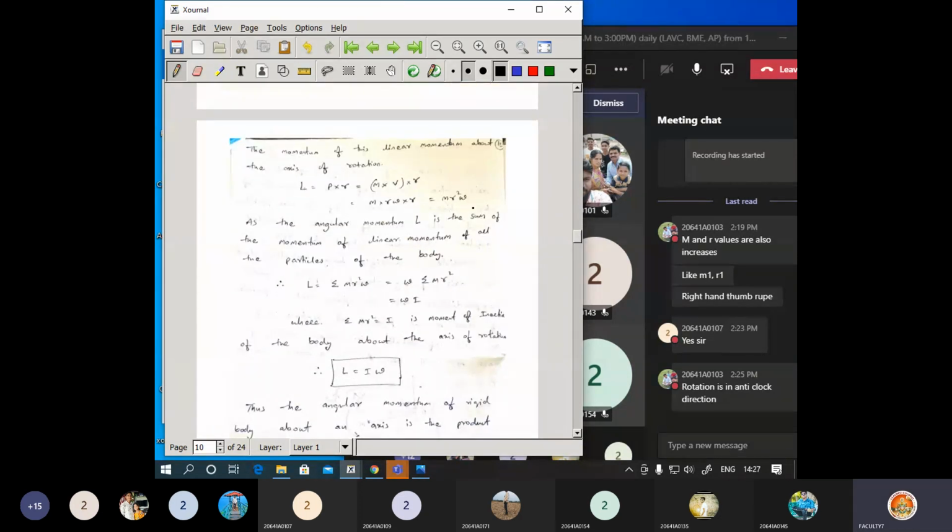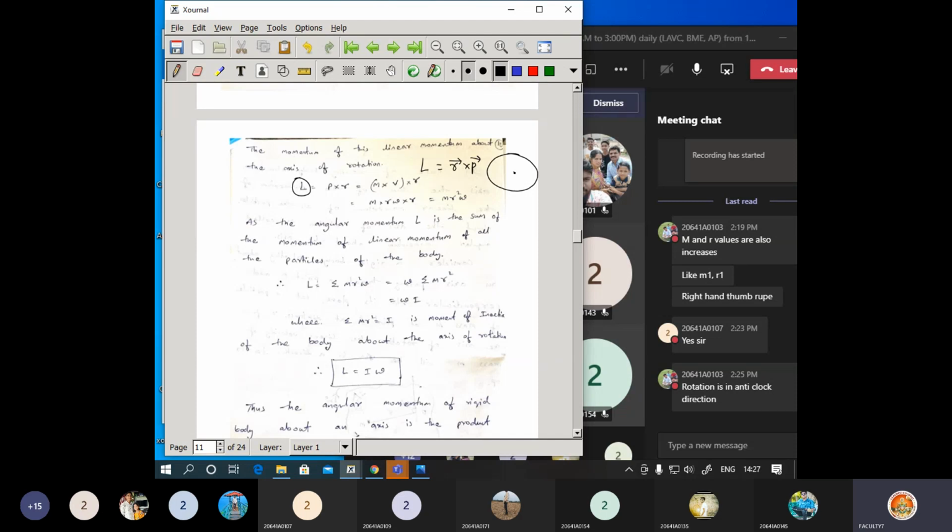Okay, now you can identify what we had explained. Now this is the angular momentum. The angular momentum L can be written as R cross P. So what is the reason? I had considered a circle or a disk here.